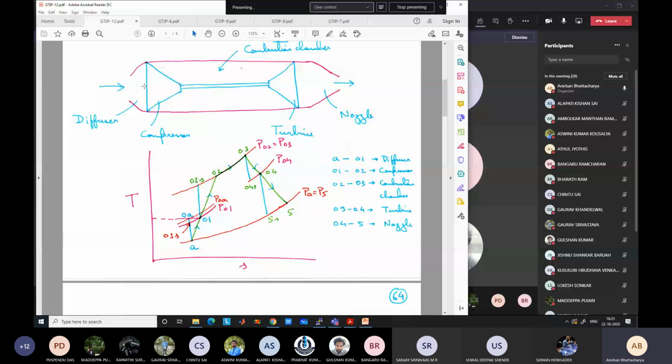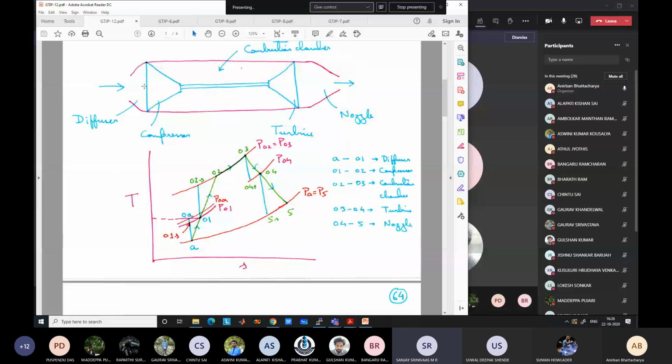Correct? So now if there are frictional losses, before going to that, what will happen to the pressure? The stagnation pressure at the inlet, say P0. What will be the stagnation pressure at the outlet if it is an isentropic diffuser? It will stay same if it's isentropic, right?